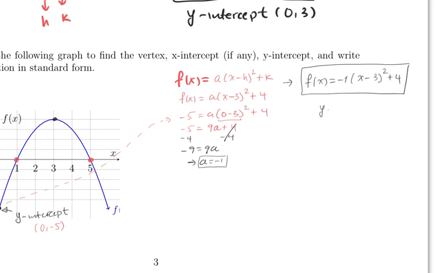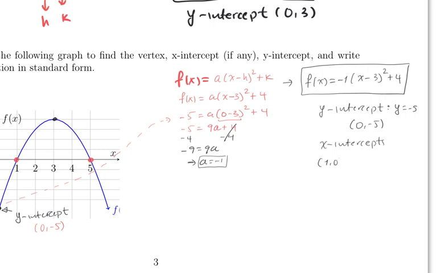We already say that the y-intercept was, you can just say y is equals to -5, but the complete form is 0, -5. And what about the x-intercepts? We say it was 1 and 5, right? But you cannot write 1 and 5.